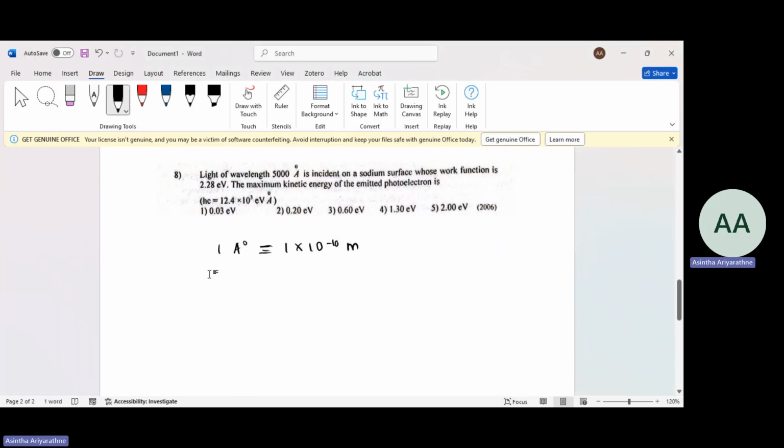Light is incident on a sodium surface whose work function is 2.28 eV. The maximum kinetic energy of the emitted photoelectron is?